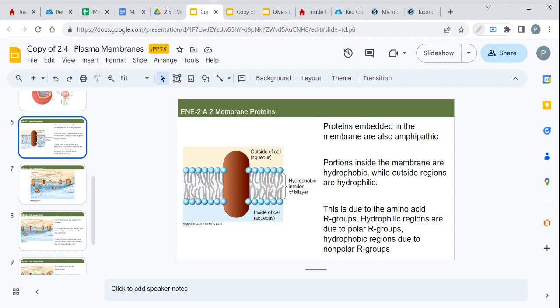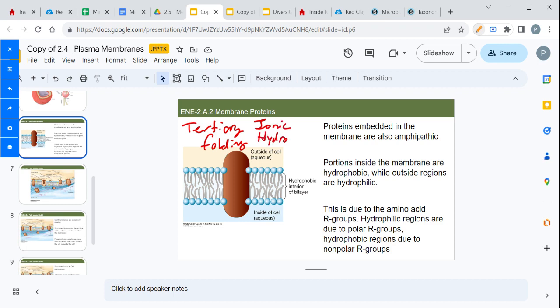Okay, now what's really cool is that you're going to see these pictures of these embedded proteins that are going to be in here. Now, I want you to go back to your notes for a second. Look at the tertiary folding for a protein, and take a look at the ionic charges and the hydrophobic ones.